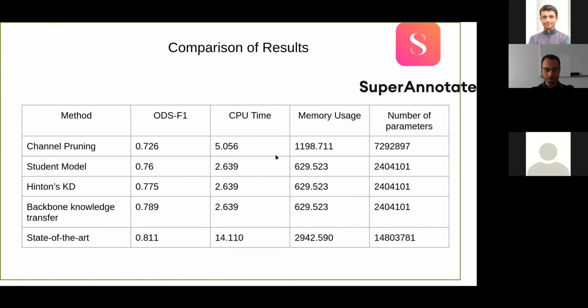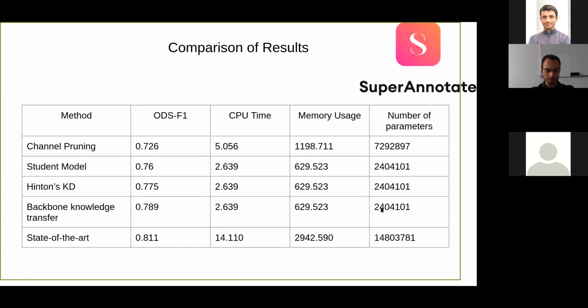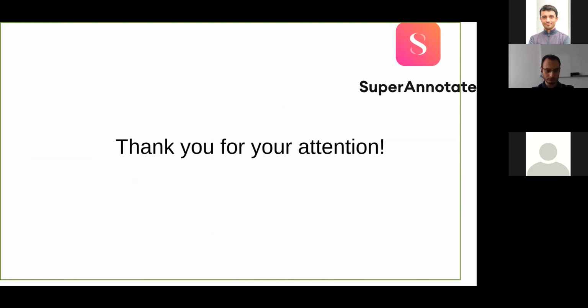As you can see, the student model with the backbone knowledge transfer has a very close F1 score to the state-of-the-art, is nearly 5 to 6 times faster than the state-of-the-art network, and has significantly fewer parameters than the state-of-the-art network. So thank you very much for your attention.